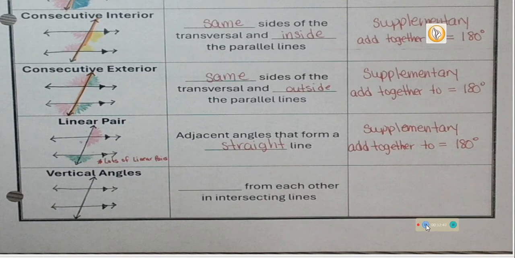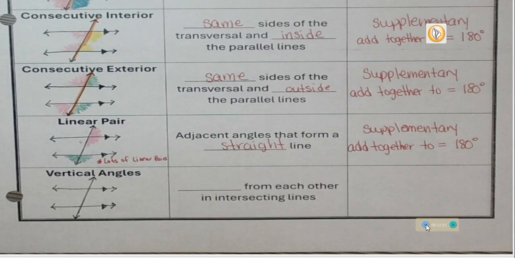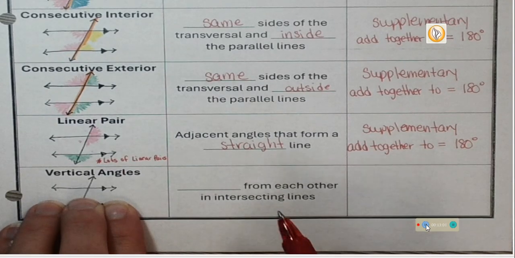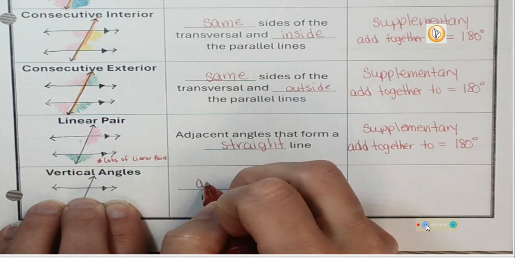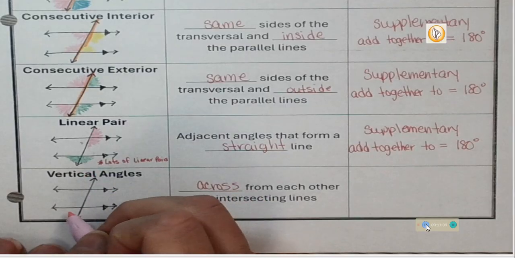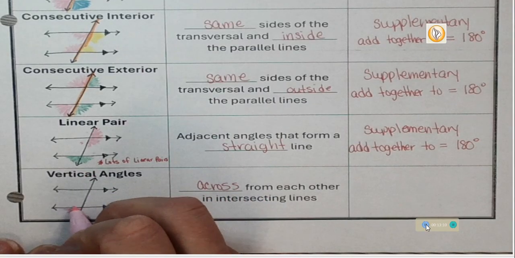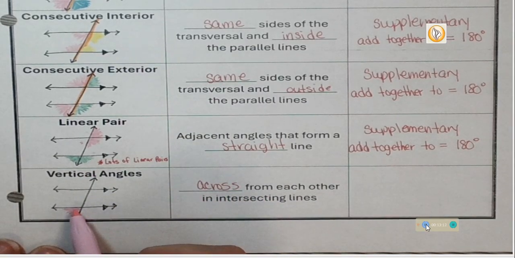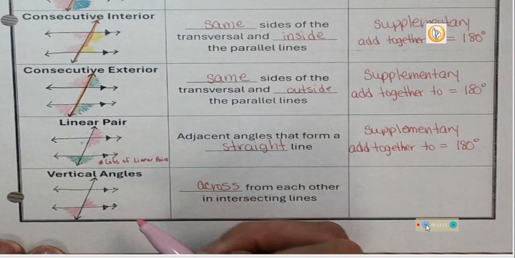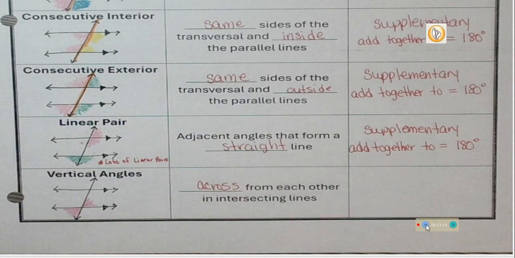All right, so the last set of angles that we actually already know the relationship of is vertical angles. You learned vertical angles when you just had one line intersected by another, so just two lines. Vertical angles are across from each other. Okay, so if I color this one pink, I have to go straight through the intersection, across the intersection, and those would be vertical angles.